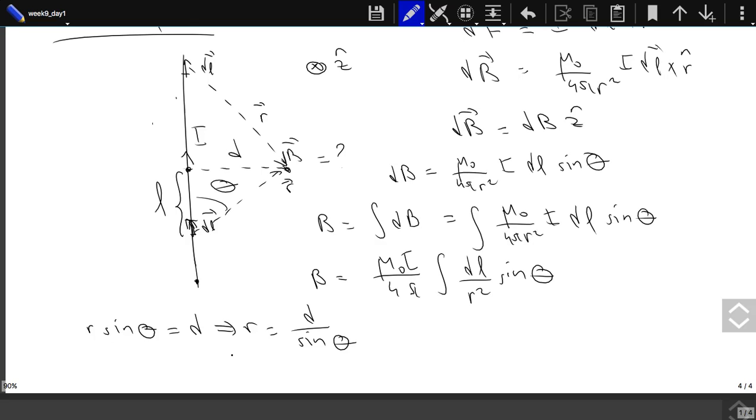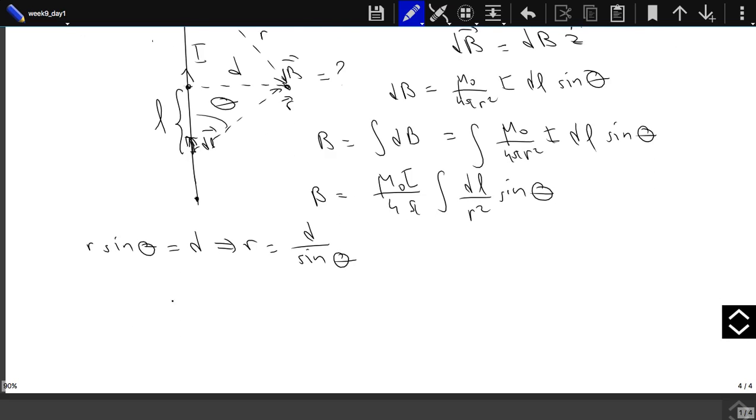This is kind of easy. I just wrote R in terms of my variable theta. Now the kind of tricky part will be how to relate dl and theta. I would rather reduce the number of variables, so I would rather express L in terms of my variable and some constant. D over L is equal to tangent theta. Or L is equal to D over tangent theta.